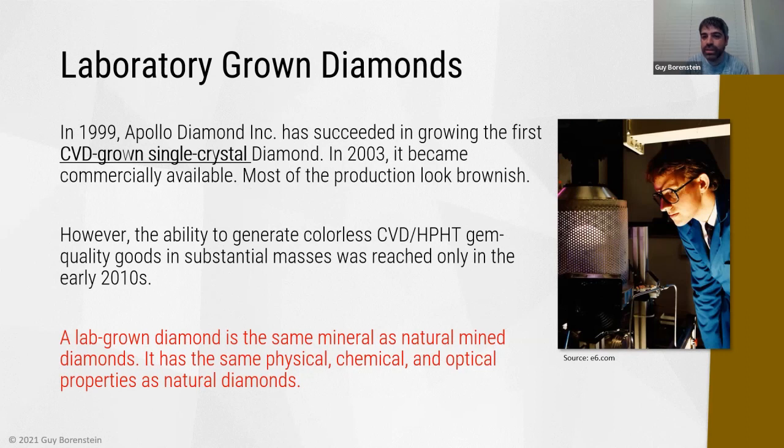Once they overcame this barrier, they started to bombard the market with a lot of stones, and we see this tendency growing and growing. Today, I read that there are new estimations that by the end of this decade, around 2030, they could get even to 50% of the diamond market.